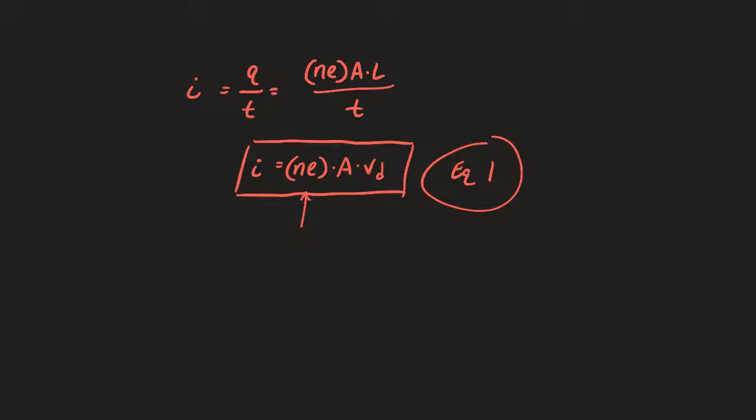And as you can probably imagine, I could write this in terms of the charge density by just dividing both sides by A and getting the charge density times the drift velocity. Either way, writing this in terms of the current or the charge density, they're really about the same thing. Any questions about any of that?